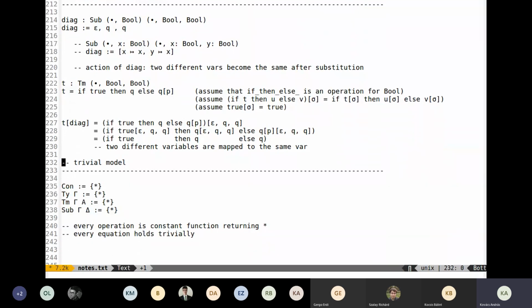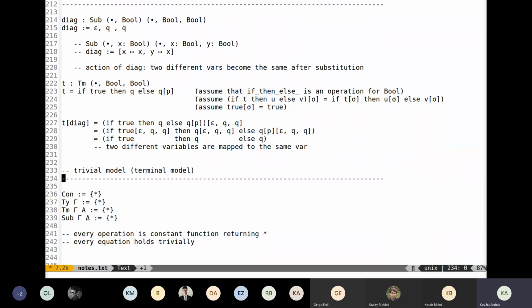So there is this trivial model, and the trivial model is actually the terminal model. So there is a unique morphism from any model to the trivial model.